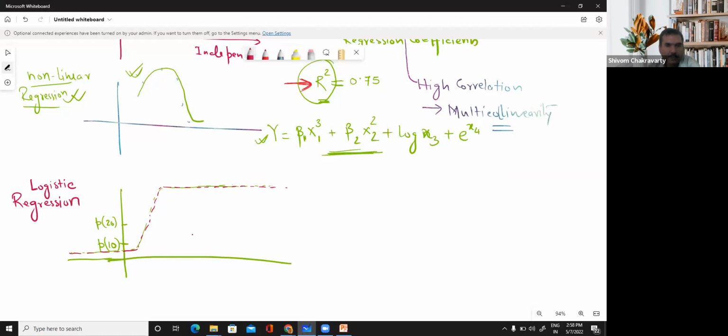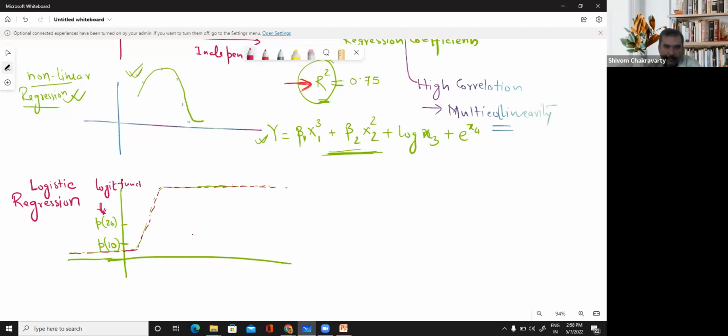And this function on the y-axis, when we are converting the outcome into the probability of that outcome, is called the logit function. The act of converting outcome into the probability of those outcomes is called the logit function.